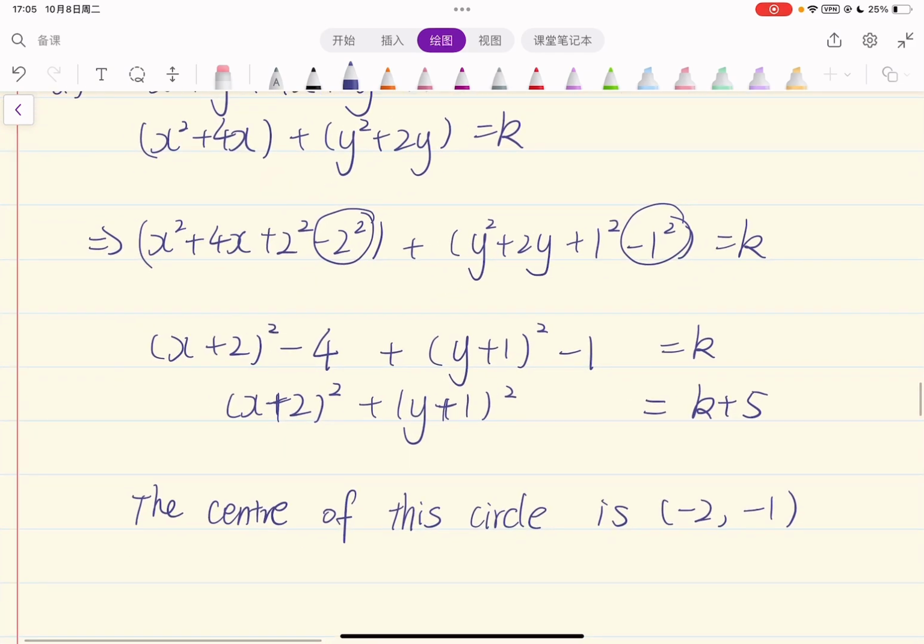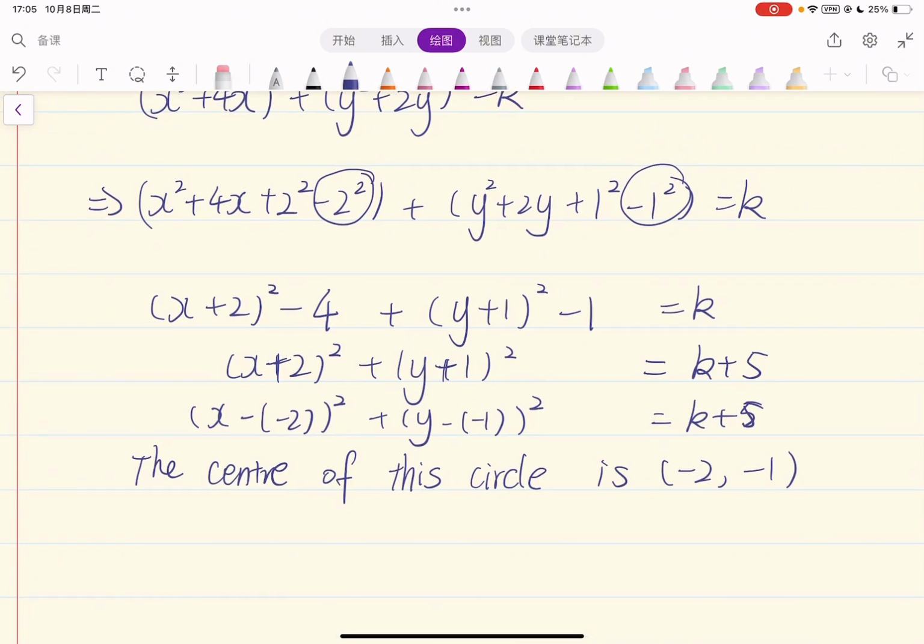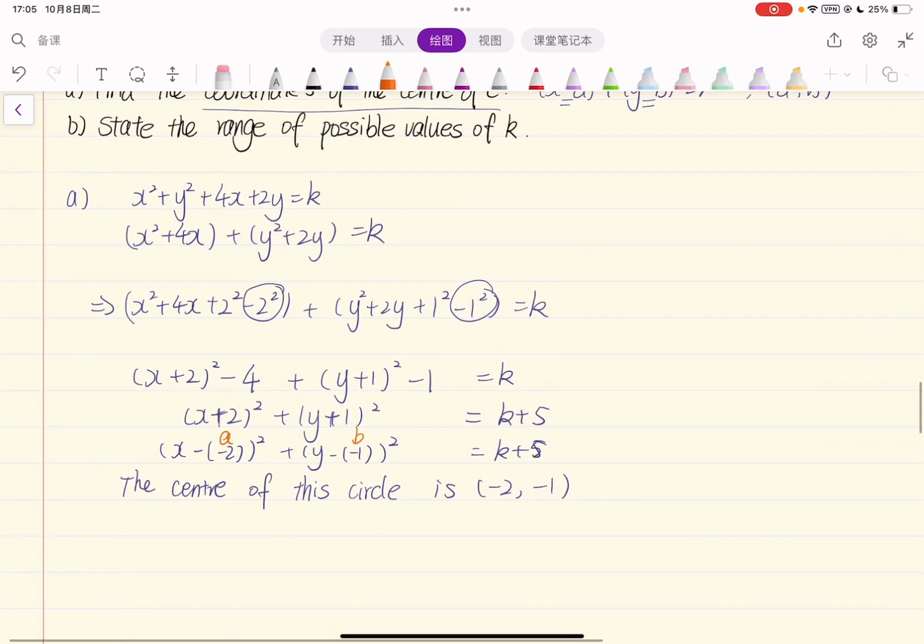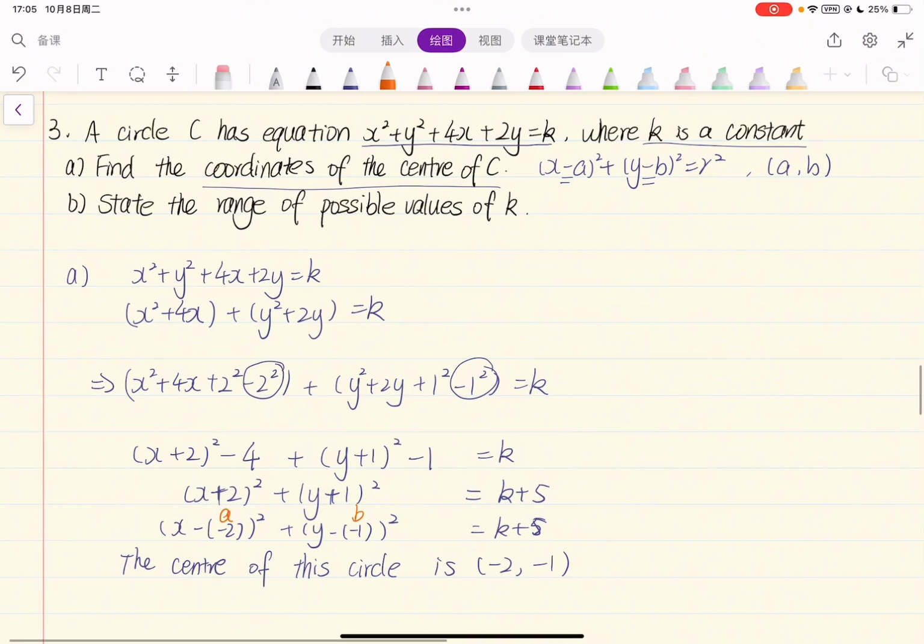So we can also write that x minus minus 2 squared plus y minus minus 1 squared equals k plus 5. So in here, a equals minus 2 and b equals minus 1. So we have the point minus 2, minus 1. Now move on. Part B asks you to state the range of possible values of k.